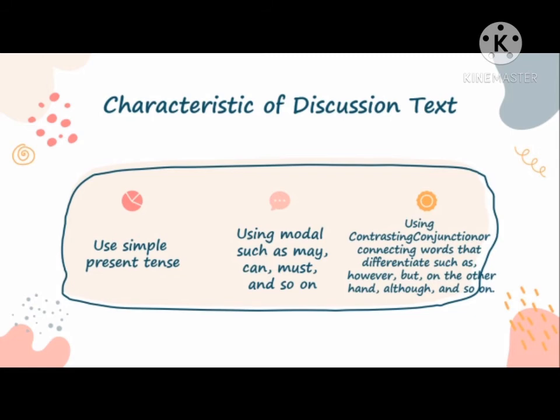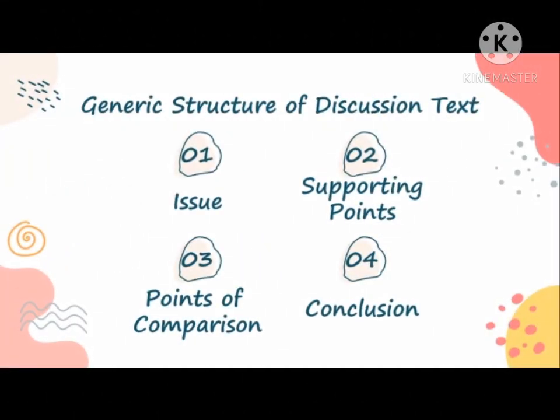The characteristics of this text, the first one, using simple present tense. The second, using modals such as might, can, must, and so on. The third, using contrasting conjunctions or connecting words that differ, such as however, but, on the other hand, although, and so on.